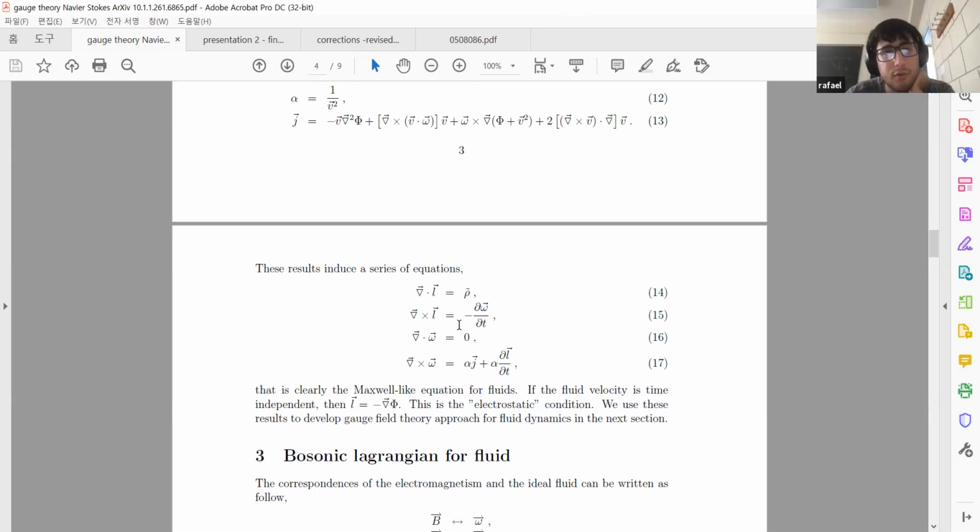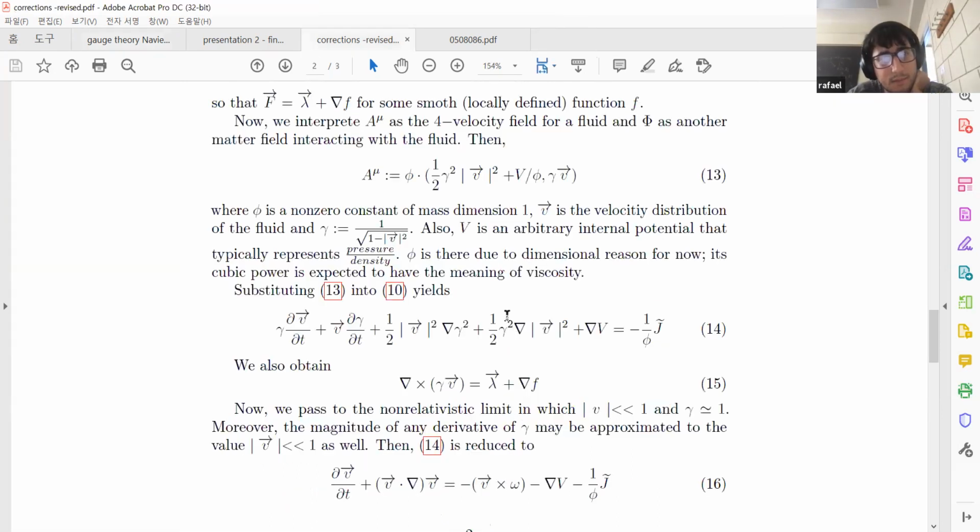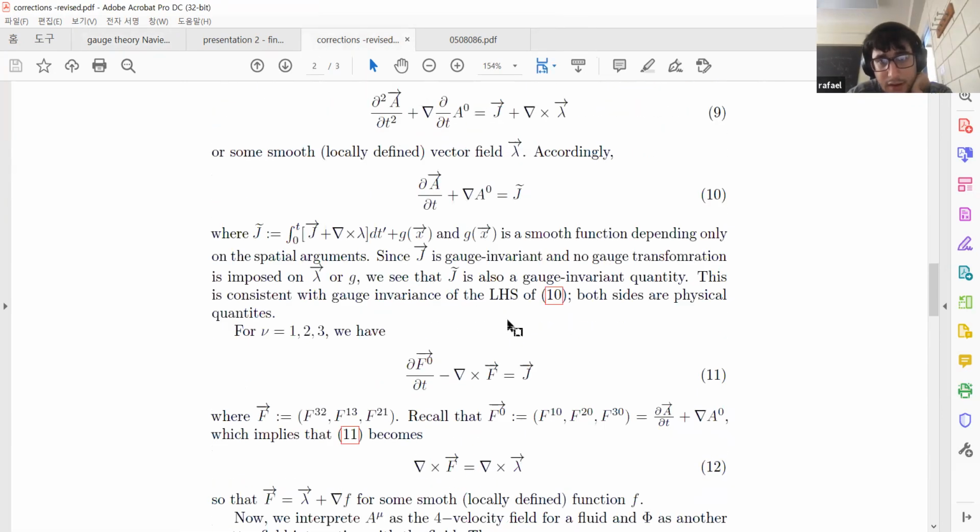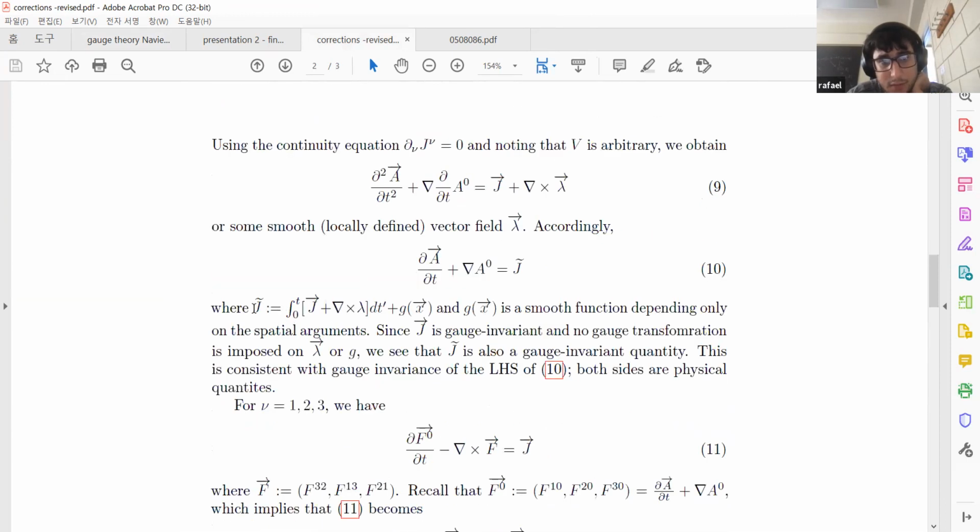In the Lagrangian you wrote down, where's the J? So J, if you go to 13. Oh, that J. No, different J. Okay, so can you go back to your corrections? To the very top. Okay, so these are different.